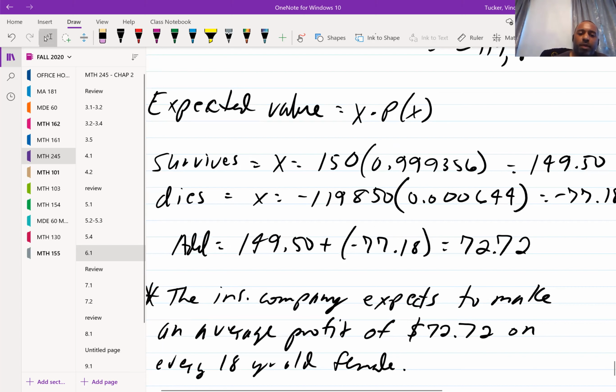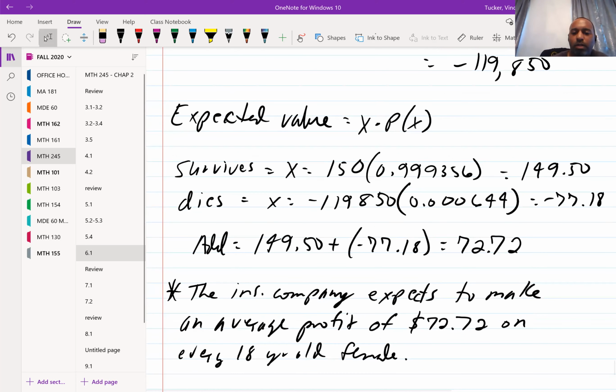On average, they expect to make a profit of 72.72 on every 18-year-old that they insure.